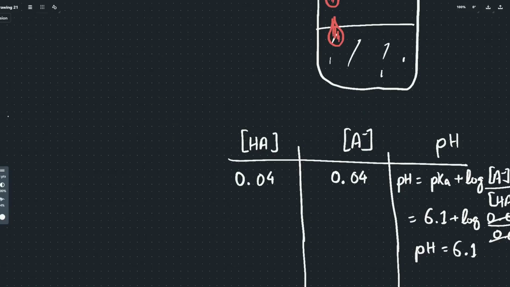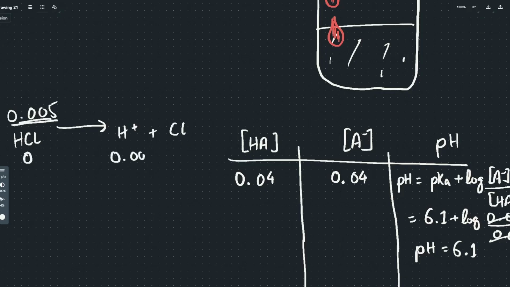Let's say we add 0.005 of HCl, then as I've told you, it's a strong acid. It will almost completely dissociate into H positive plus Cl negative. It means that if we added this much, after some time this will become 0 and we will have 0.005 of this and 0.005 of this.